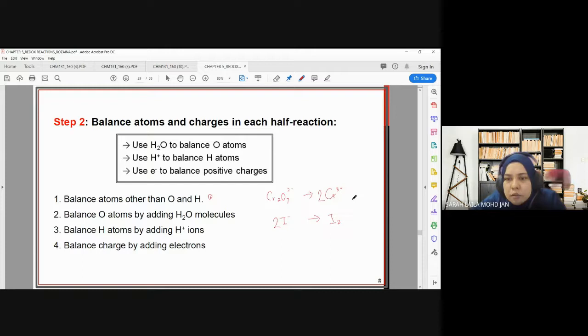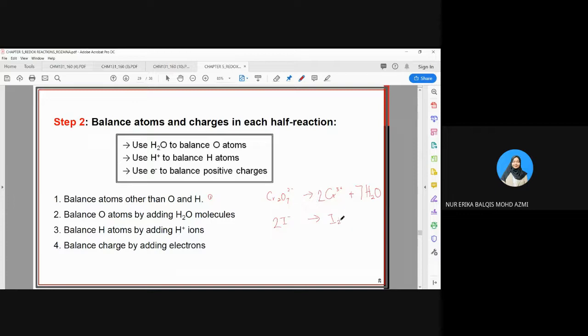Okay, tak ada oxygen kan? So you have to put H2O here, in order to create this O kat sini. Okay, so O ni ada berapa? 7. So when you have 7, you have to put 7 H2O. So now the oxygen would be balanced. O7, here also O7. Okay.